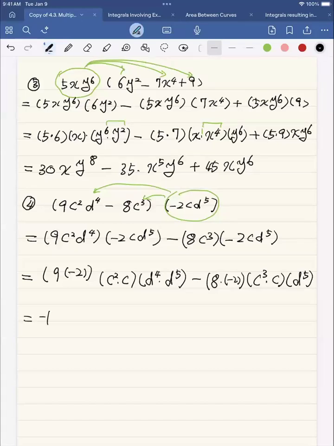So that is negative 18 times c cubed, add the exponent to get the power of 9, minus will make plus, so plus 16. This one will make c to the 4th power d to the 5th power.